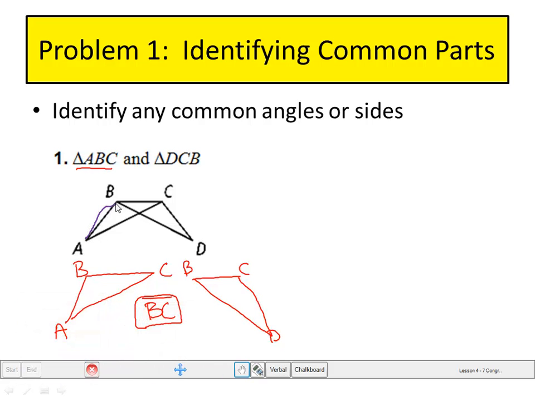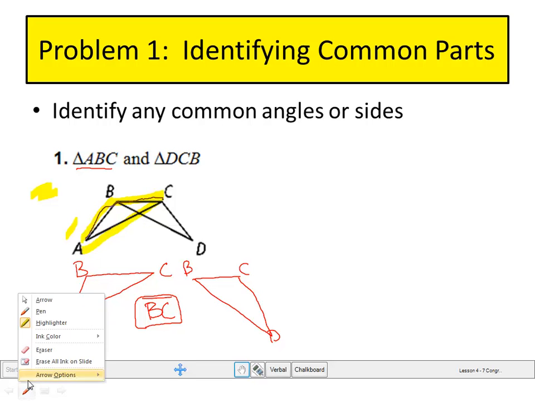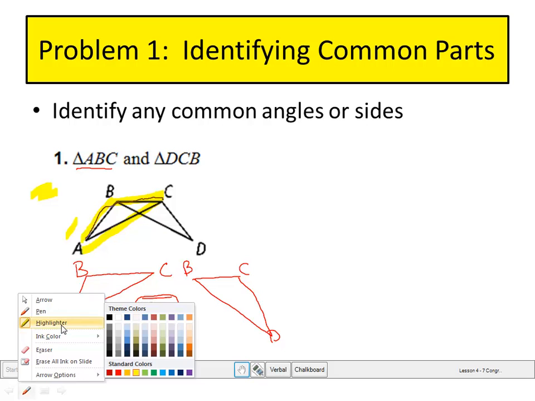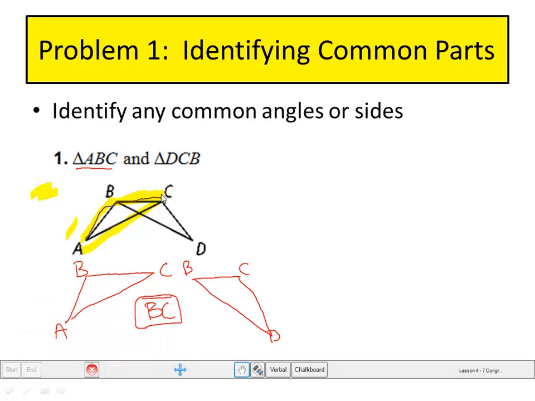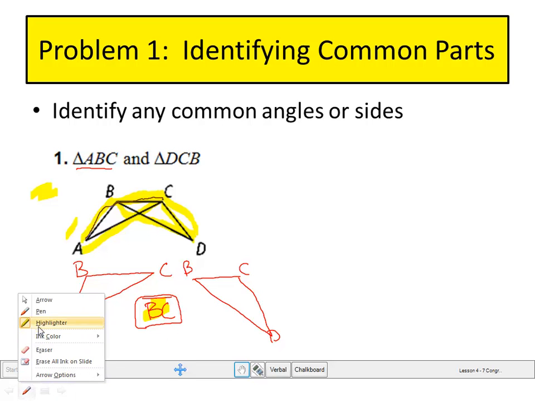Like here's triangle ABC. And triangle DCB. If I had colors, that would be good, but unfortunately, what side did I copy twice? BC. That's the common side. Does that make sense? Okay.